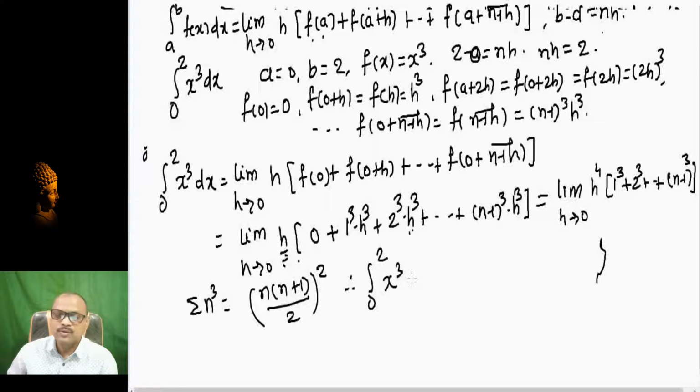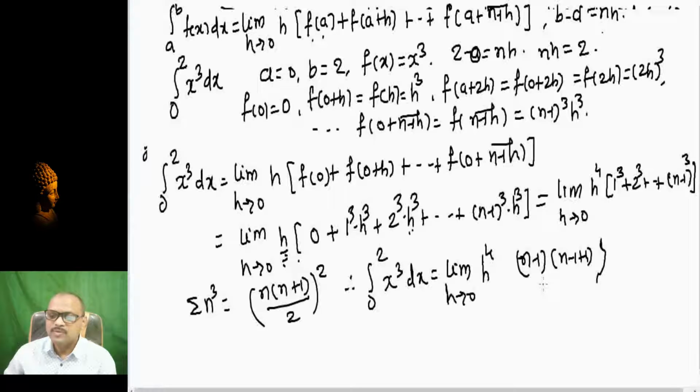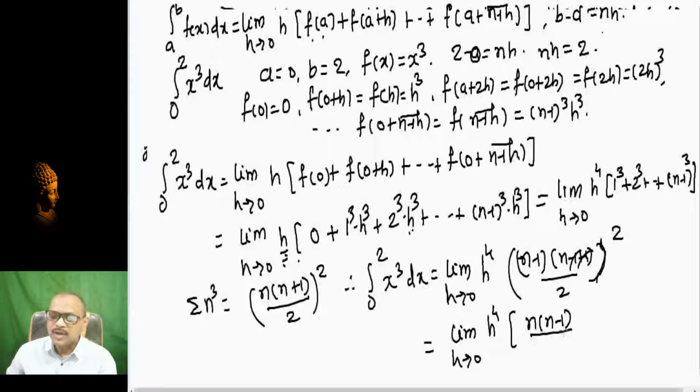Therefore integration 0 to 2 x cube dx equal to limit h tends to 0 h raised to 4 into, what is our n here? n is n minus 1, so n minus 1 into n minus 1 plus 1 divided by 2, whole square, equal to limit h tends to 0 h raised to 4 into, you can see that here minus 1 plus 1 will get cancelled, and we have n into n minus 1 divided by 2, whole square.